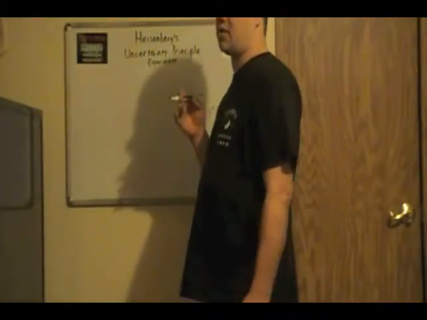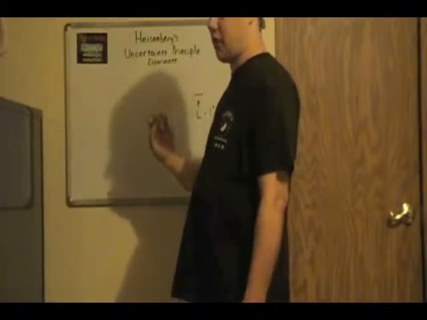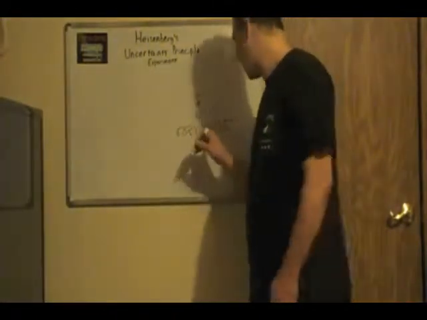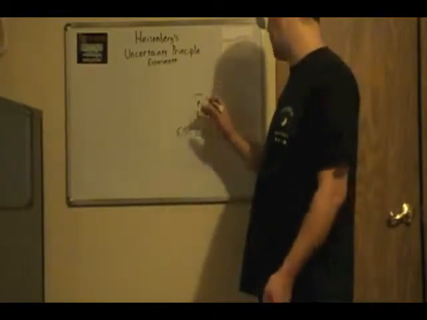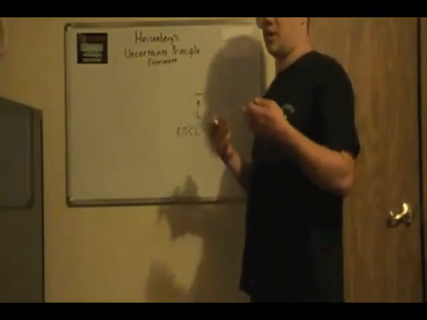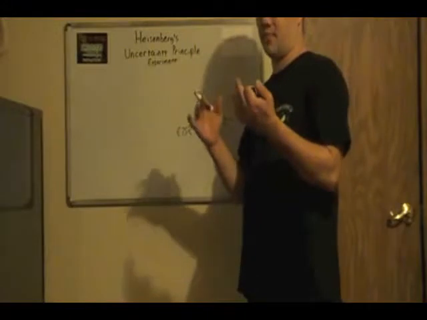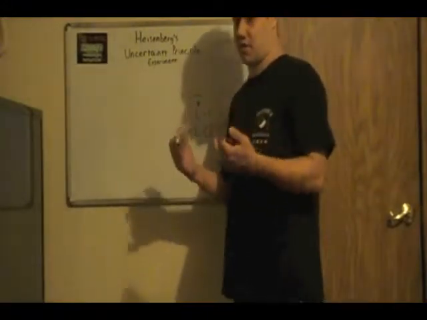So if you only know with a certainty of 0.125, then L could be anywhere between 0.875 inches and 1.125 inches. You're saying it's an inch. I know that to a certainty of within an eighth of an inch, 0.125 inches.